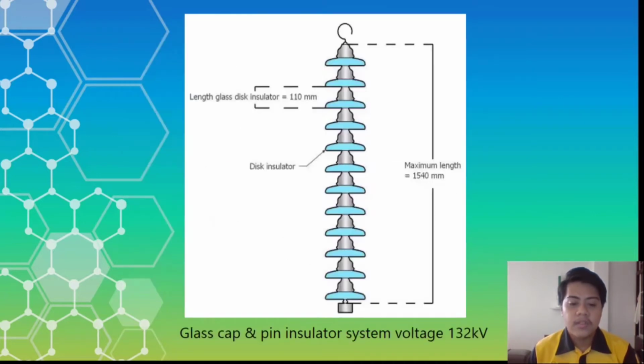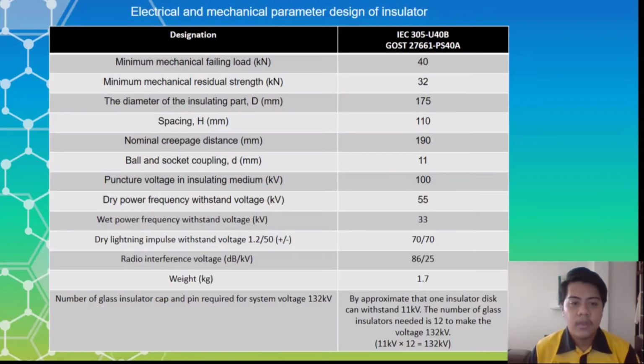And this is the glass cap and pin insulator system, voltage 132 kV. This is the string insulator. So this is the electrical and mechanical parameter design of insulator that are following the IEC 305 U40B type of insulator.